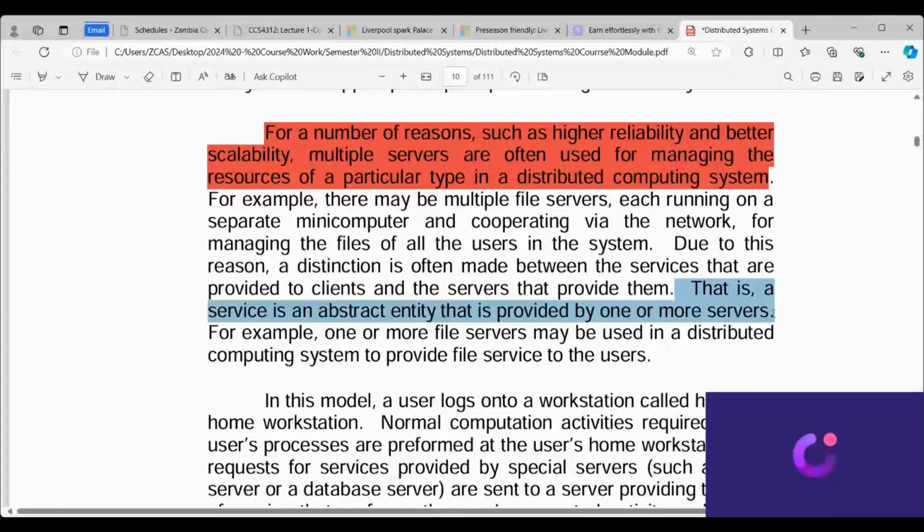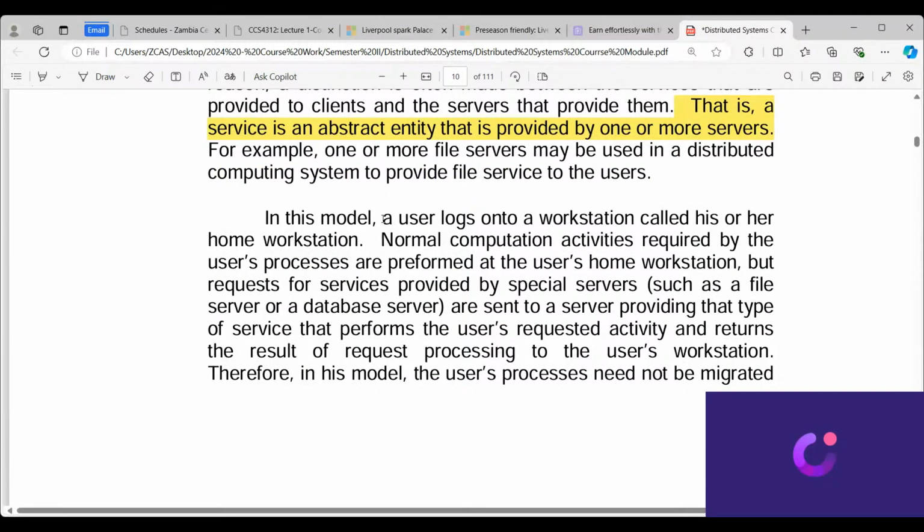A service is an abstract entity that is provided by one or more servers. For example, file servers may be used in a distributed computing system to provide file service to the user.